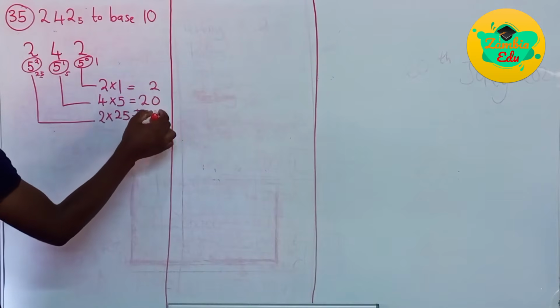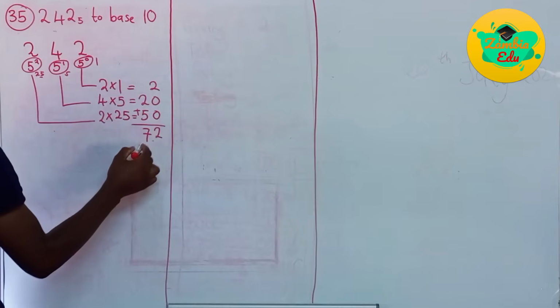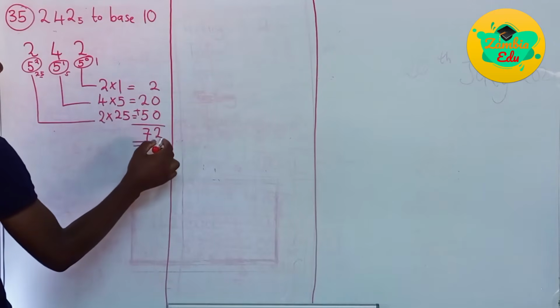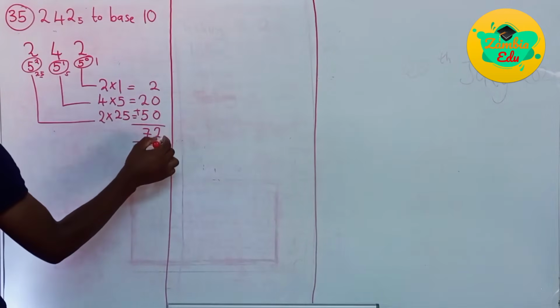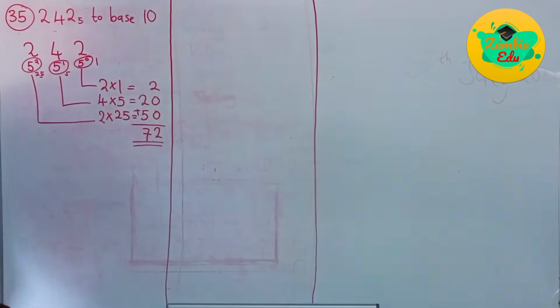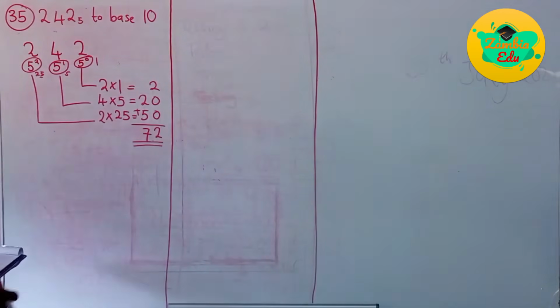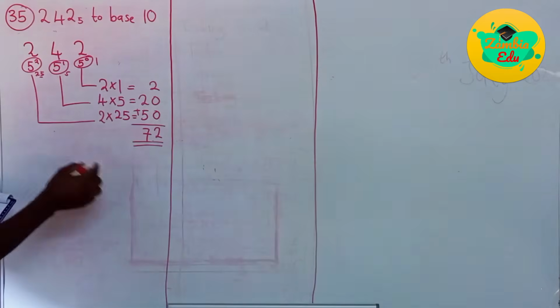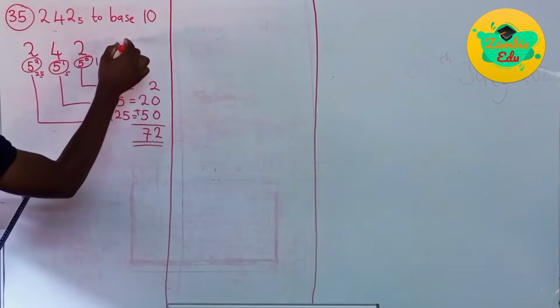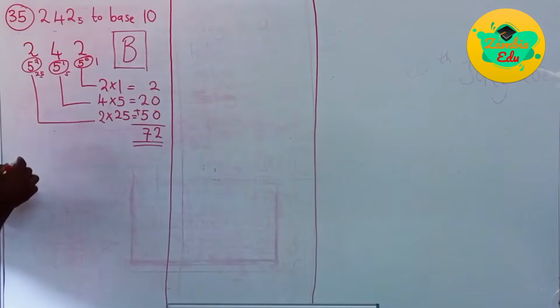So 2 plus 0 is 2, 2 plus 7 is 7, and that is our answer in base 10. There's no need to indicate base 10 there. As long as we see it like that, it shows that it's base 10. When we look at our options on number 35, we see that our answer 72 was represented as option B. Therefore, our answer for 35 was B.